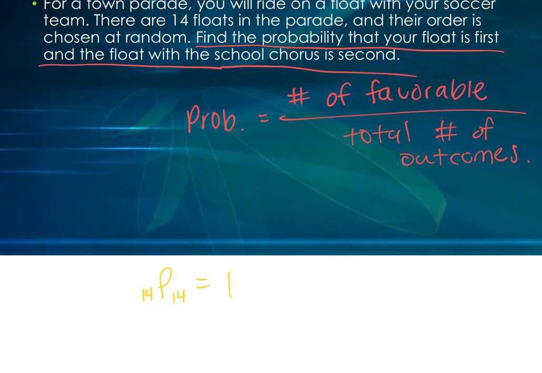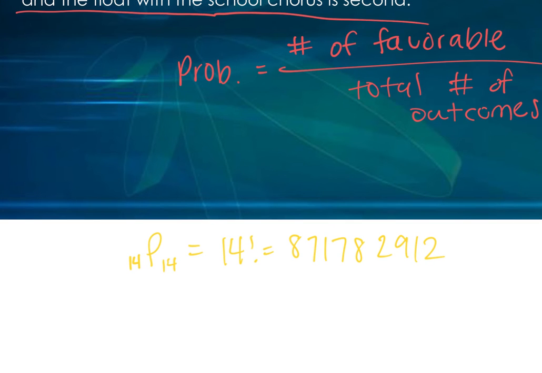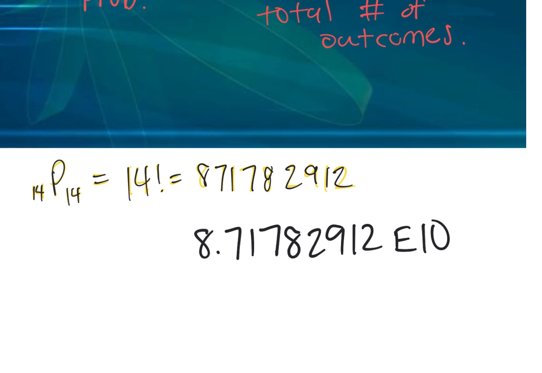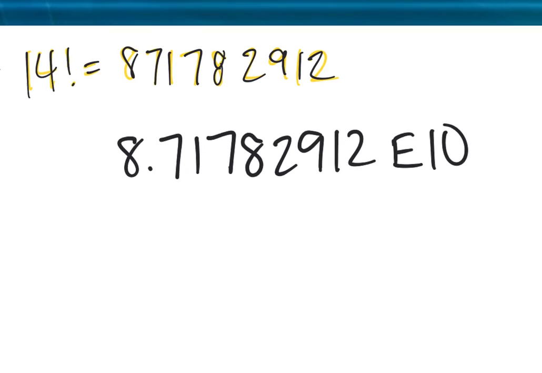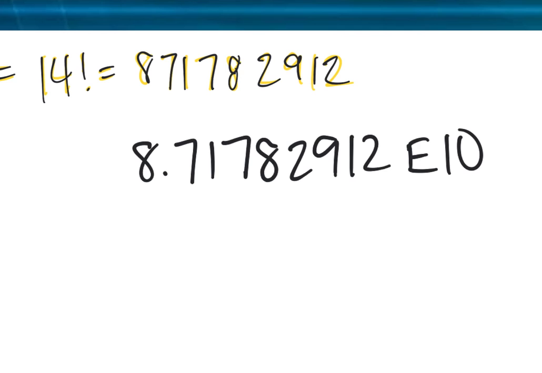So we have to do 14 factorial, which is, in our calculators, let's do it. 14, math, probability, enter. Oof. You guys, this part down below, whenever you see this in your calculator, this means it's in scientific notation.